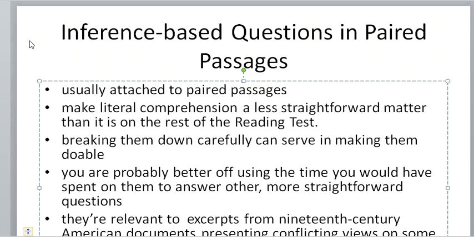For example, if the passage given is a persuasive type of writing, then most probably the writer will start off with his claim.